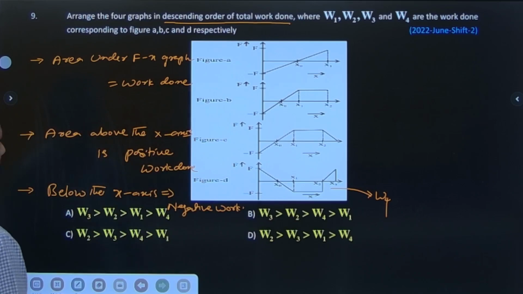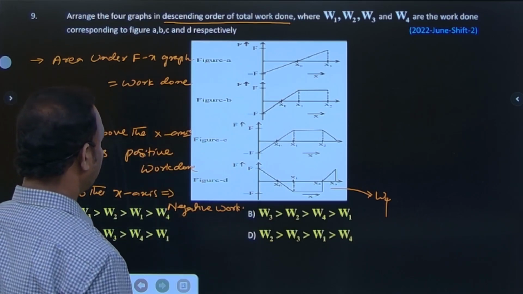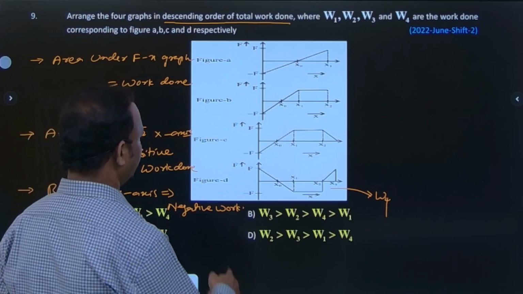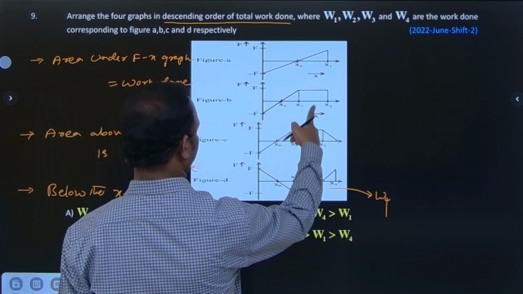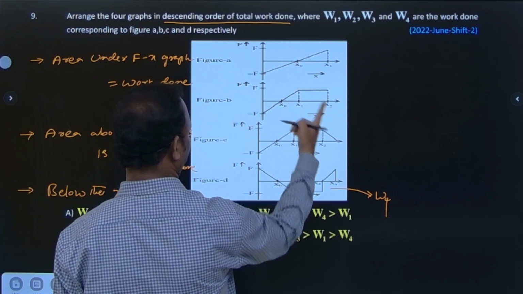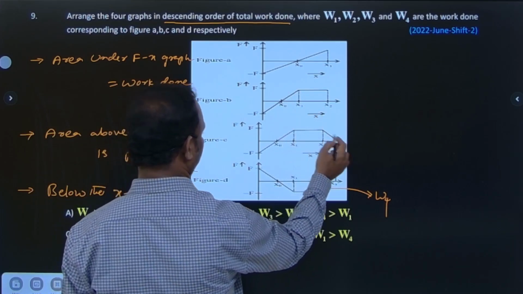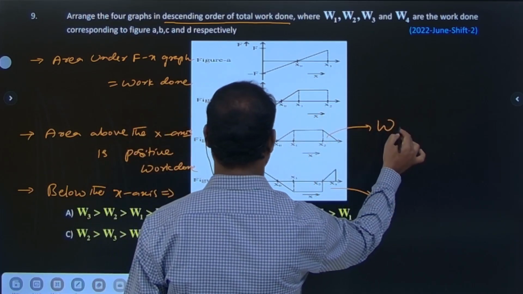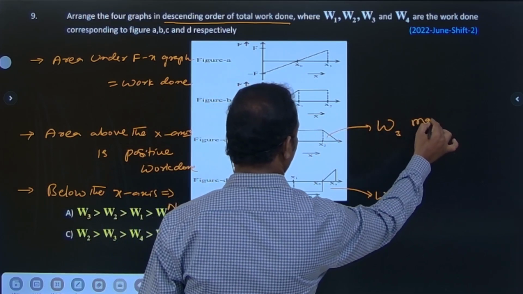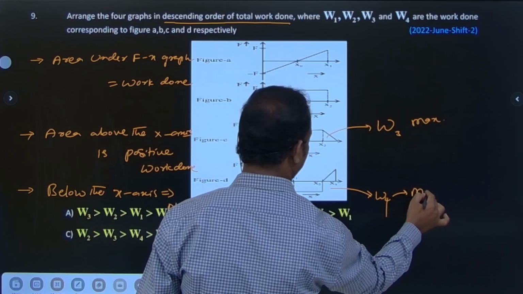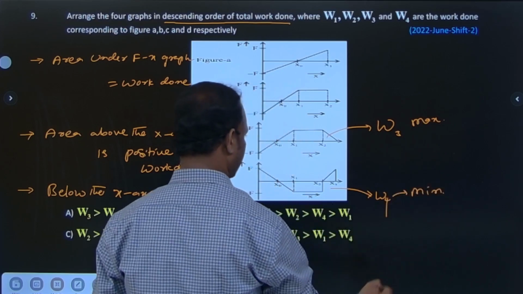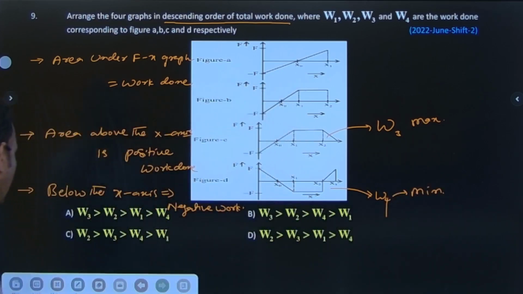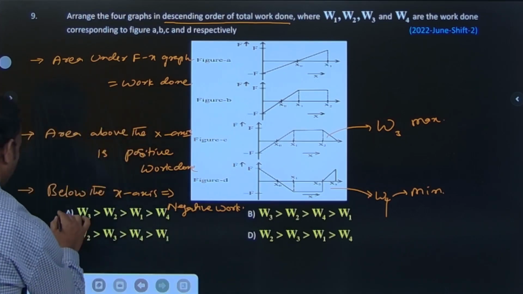Work done is greatest in the case with area of rectangle plus area of triangle. W3 is the maximum and W4 is the minimum. So from these you can choose: option A is correct.